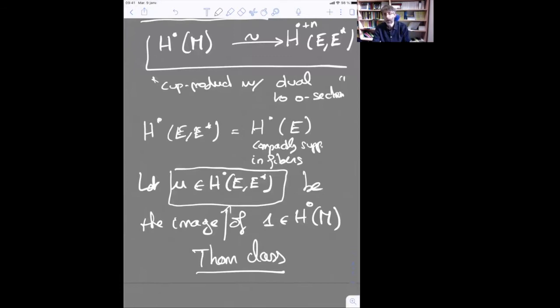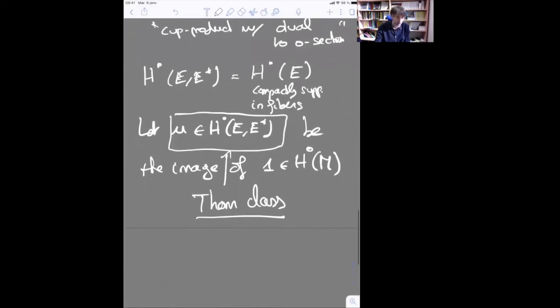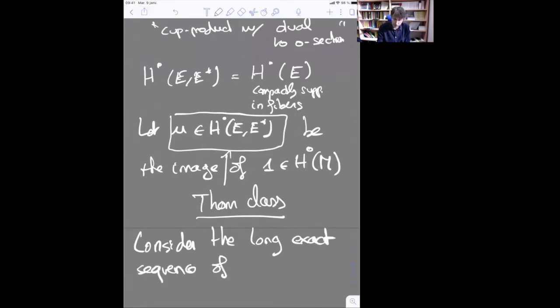In fact, we will soon consider cases where this Thom class can be transgressed, meaning that you can find a pre-image in the long exact sequence of the pair. So consider the long exact sequence of the pair E, E star.